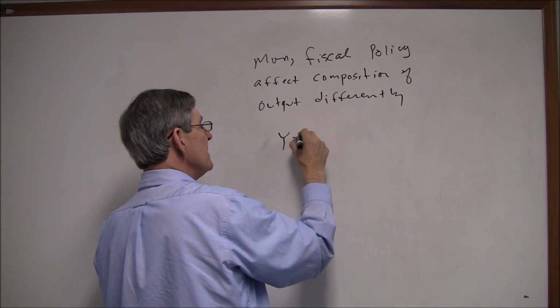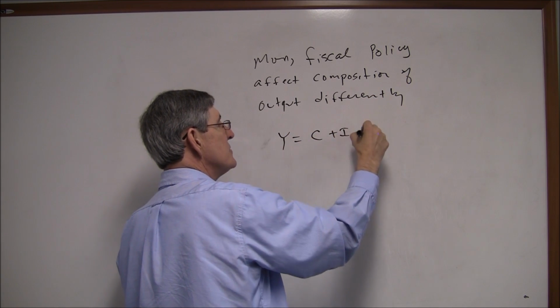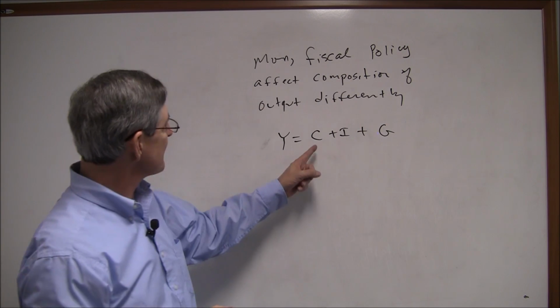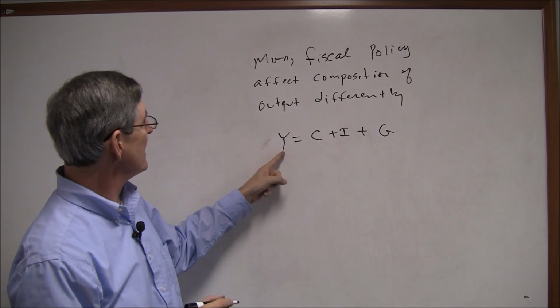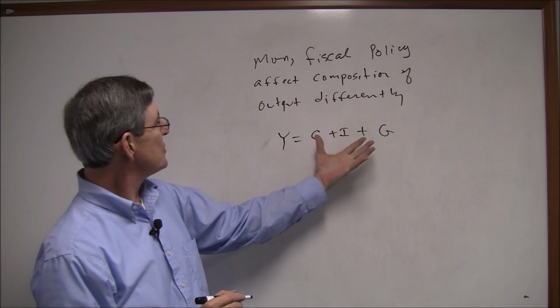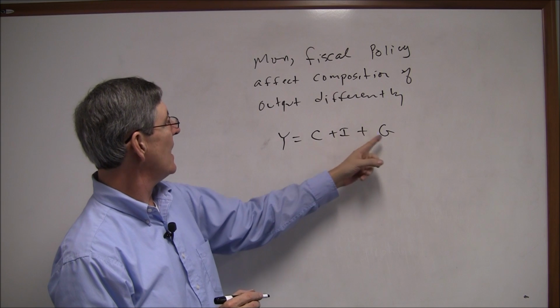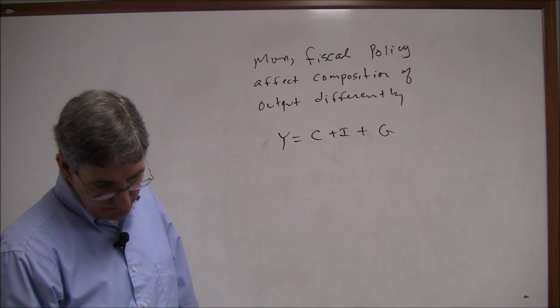By composition, so y equals c plus I plus g, we mean the amount of c, the amount of I, and the amount of g. So if we're holding y constant, we can change the composition by changing c, I, or g relative to the others.